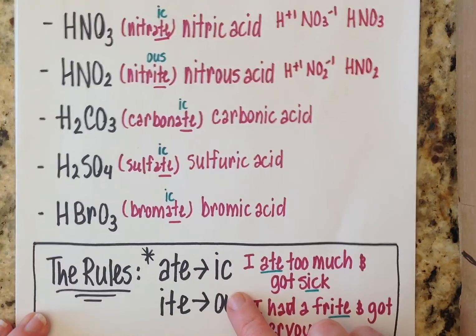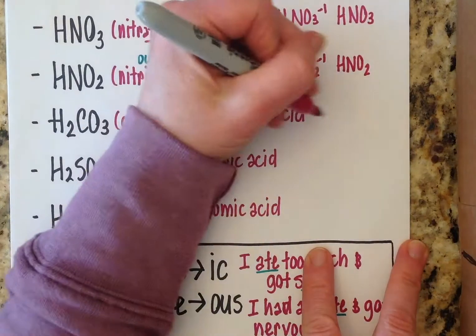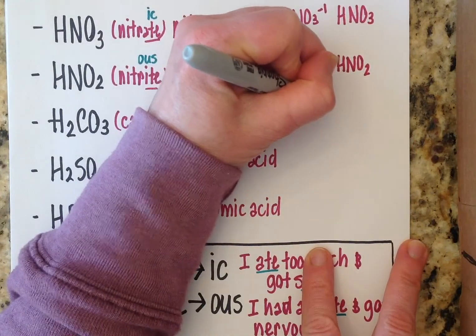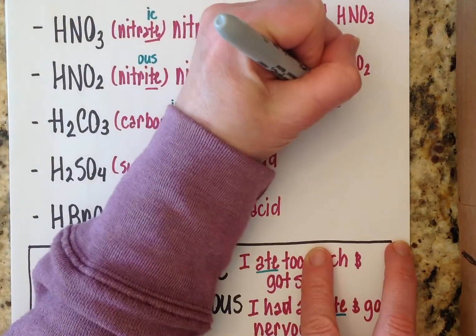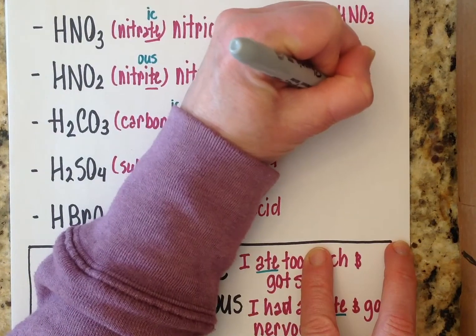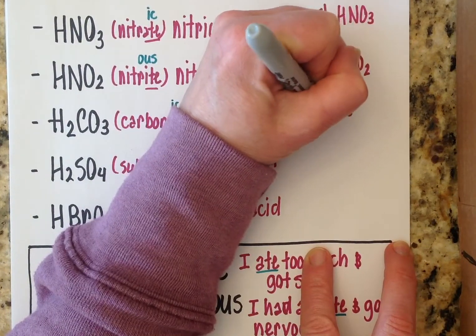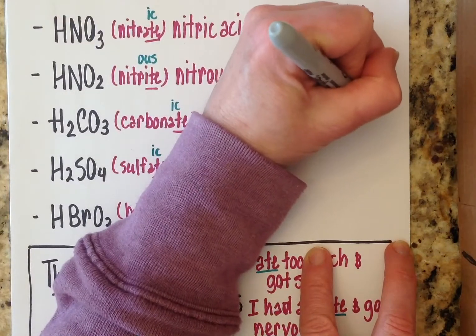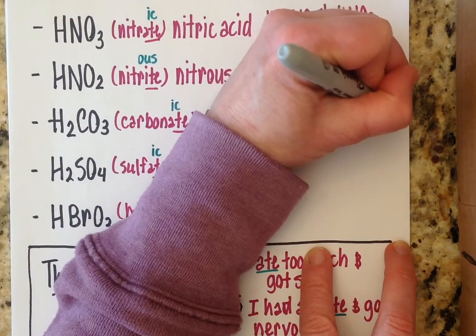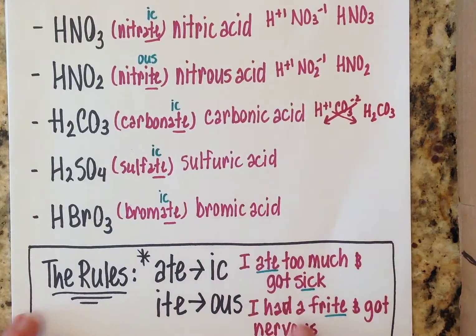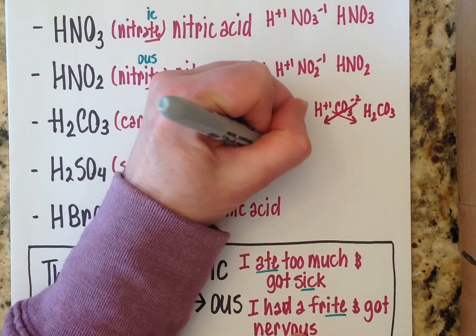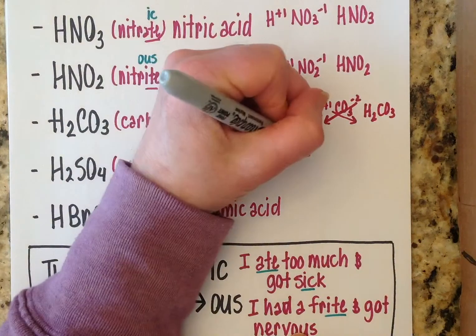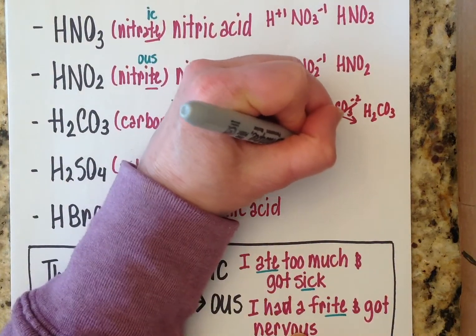Carbonic acid came from the hydronium ion and carbonate, which is CO3 -2. That too came down here. That's why that has two H's. So that's H2CO3. Likewise, sulfuric came from the hydronium ion, crisscrossed with sulfate.